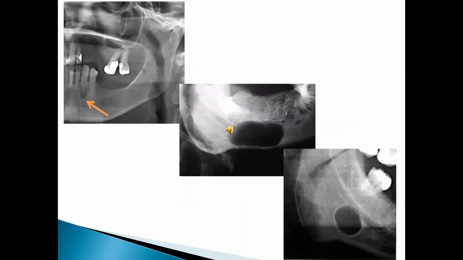Here again we have an option of localizing the lesion. Here in the first image, you see that the lesion is in the periapical area. In the second image, the lesion is within the mandibular canal. In the third image, the lesion is below the mandibular canal. So this can give very important information regarding the nature of the lesion.